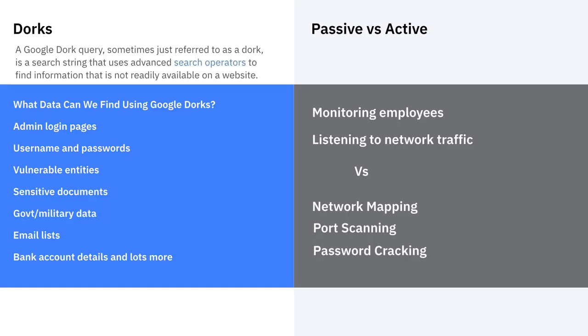When we're talking about reconnaissance, we're talking about the different methods where we can get information from our objective, be it a specific server or be it the company itself. One of the first items that we might go through is Google Docs. Google Docs are special commands we can use on Google to get more information about an item.